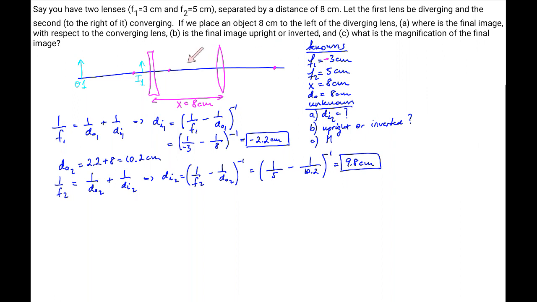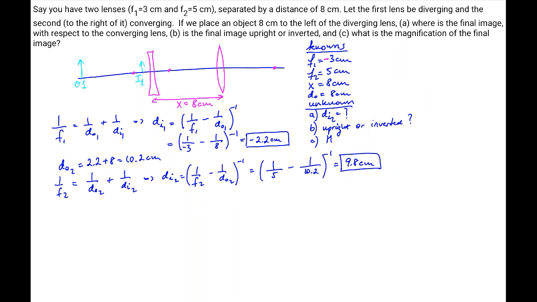Had the object for the second lens started here inside the focal point, then it would have given us a virtual image. But since it starts to the left of the focal point, it's going to give us a real image, and the positive value for the image distance is going to be correct.